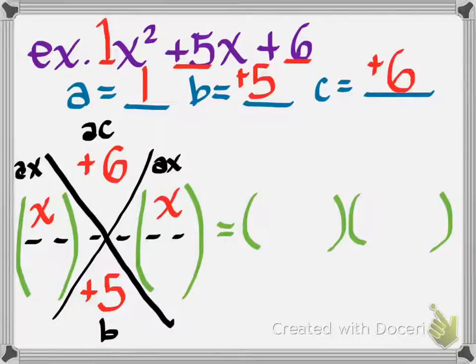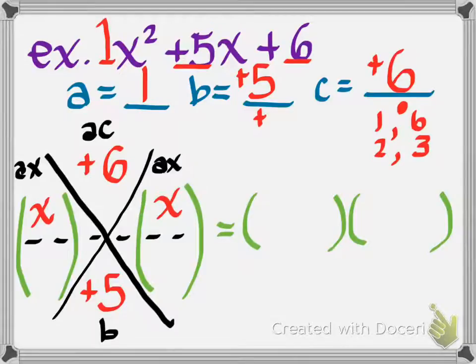So now to figure out what numbers go below the dotted line, I have to think: what 2 numbers multiply to a positive 6, but add up to a positive 5? So let's list all the products of 6. I can have 1 and 6, 2 and 3.